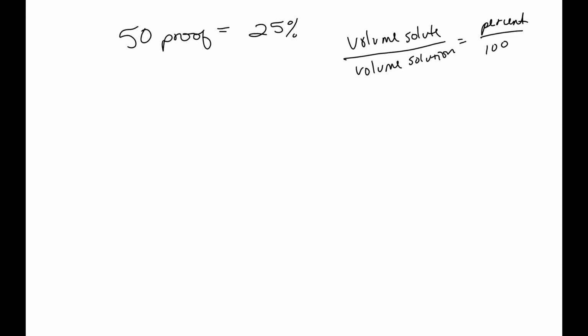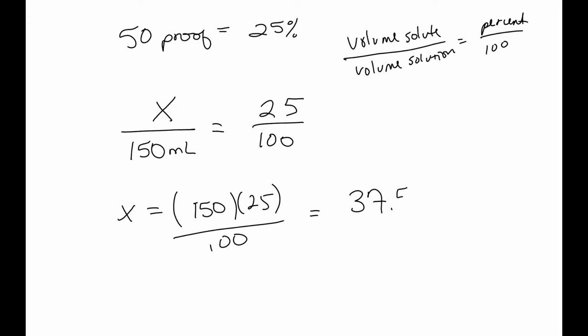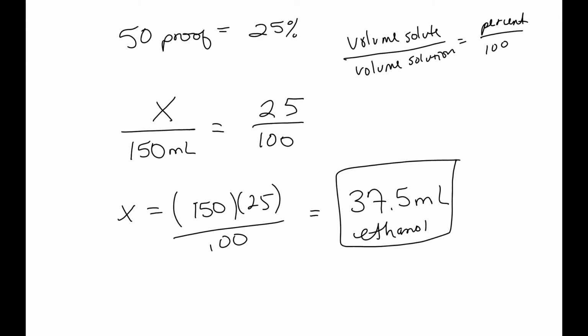So the volume of solute is what we're looking for. We're given 150 milliliters of our solution, and we're going to put 25 over 100. Now we're going to cross multiply, so it's 150 times 25 divided by 100, and that gives us 37.5 milliliters of ethanol. Okay, pretty easy, I think.